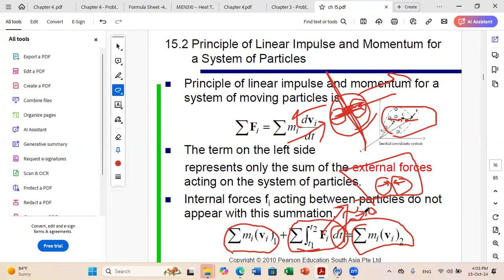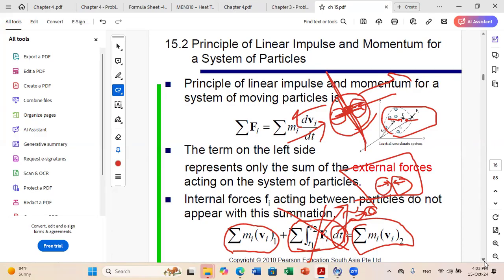This is why during a collision, when you take the system of particles, you can neglect the external impulses and apply conservation of linear momentum. This idea is very much used to find the final velocity after collision.